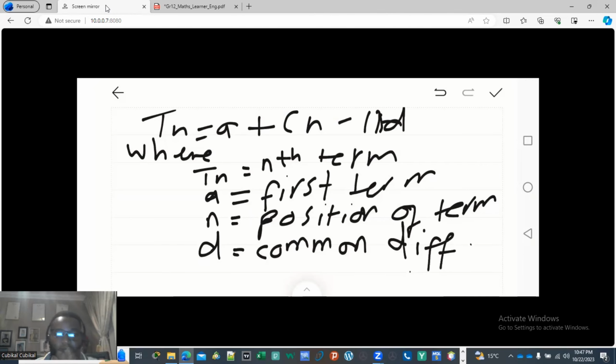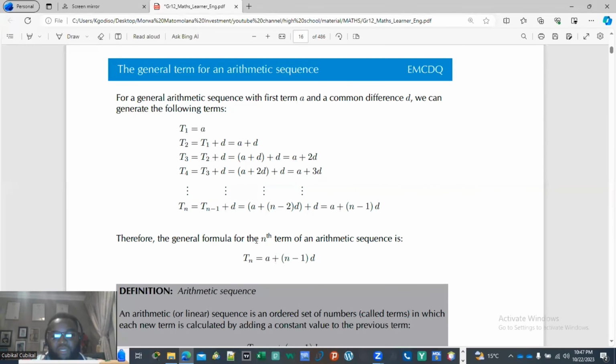So that is the general formula which is used whenever you get to this.